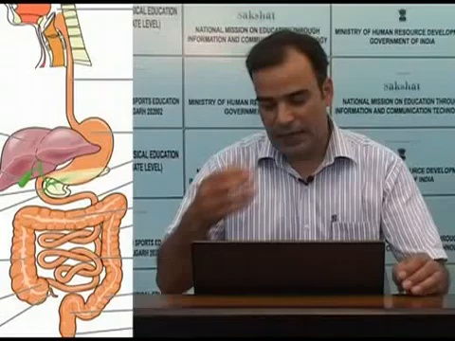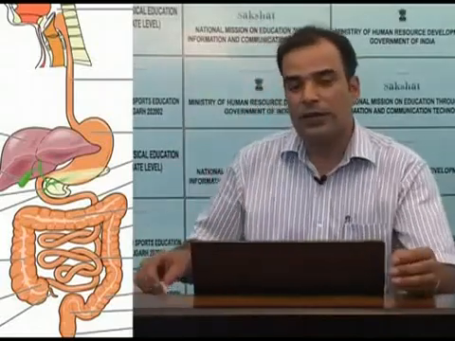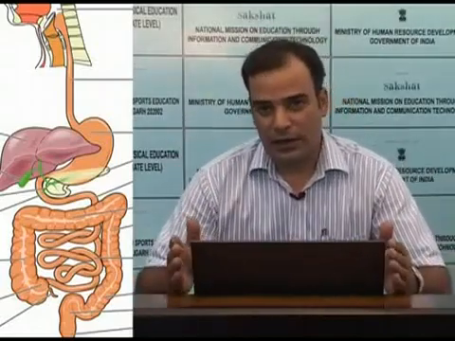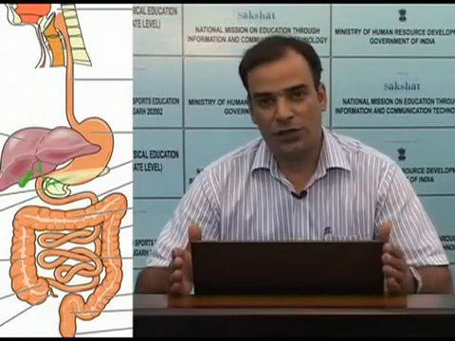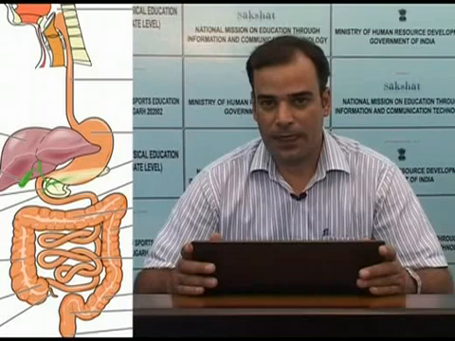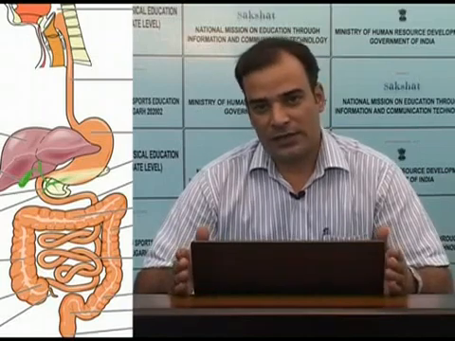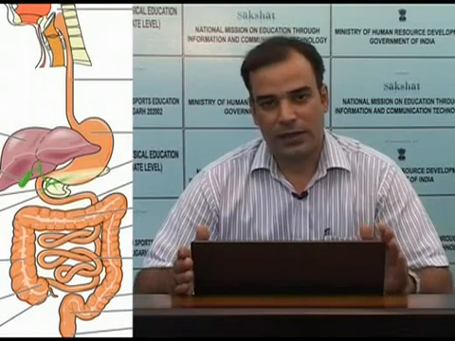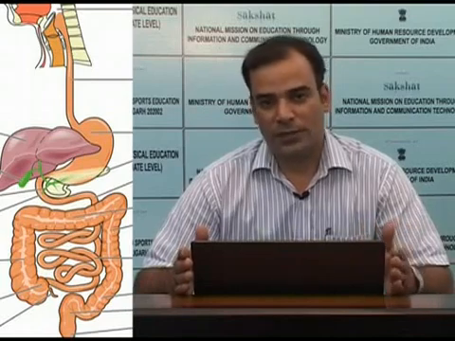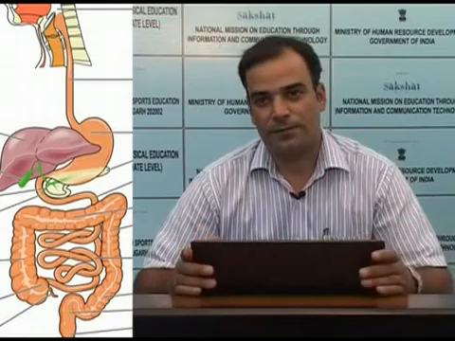Once the food inside the digestive tract is digested, the next step is that this digested food should reach our cells. It cannot reach our cells unless and until it crosses the mucosal wall of the gastrointestinal tract.